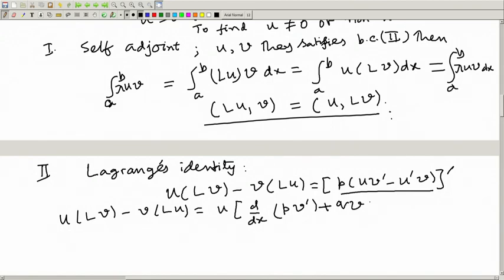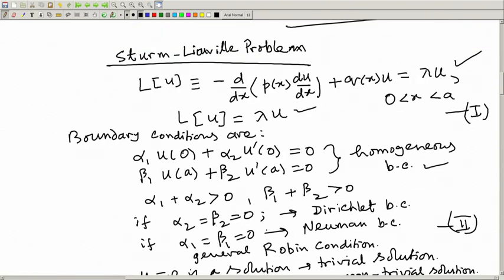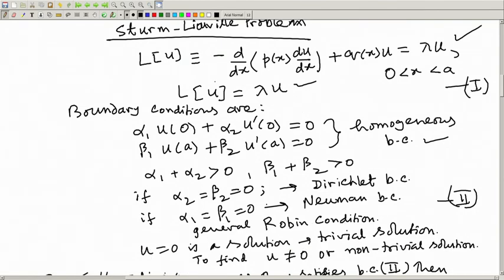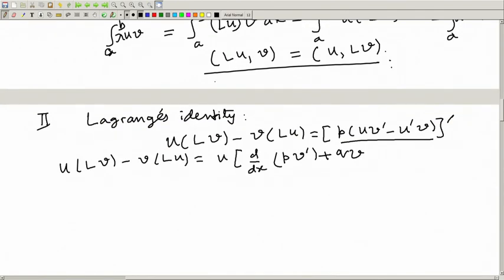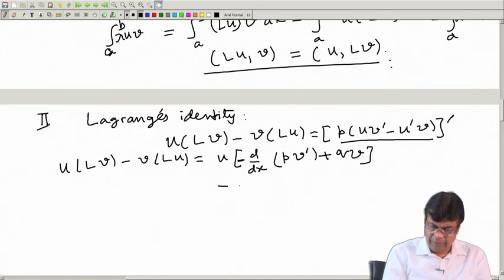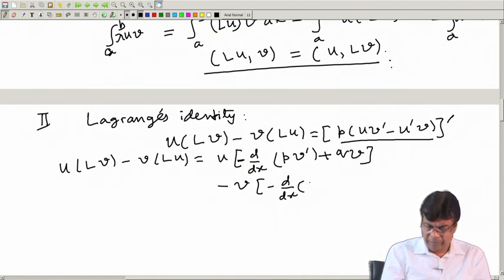In the operator we have introduced a minus sign, and sometimes it is customary to consider this minus sign. So if we keep this minus here, then we have v times minus d/dx of (p u') plus q u.